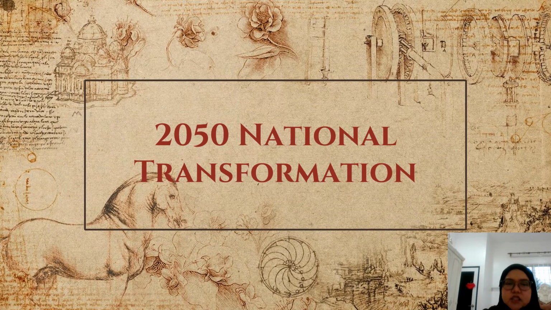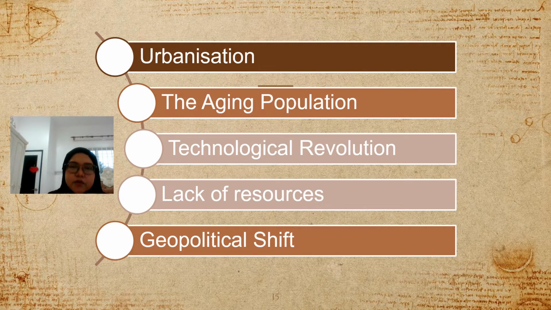Next, 2050 National Transformation. One of the missions of the N50 is to form a nation state that is truly authoritative from the aspect of economic, social, and also mental. The world nowadays develops rapidly, so there are a few problems that happen. The first one is urbanization. Due to this problem, the government has planned several projects to facilitate the people, such as the Mass Rapid Transit project, My High Speed Rail, and also ECRL.